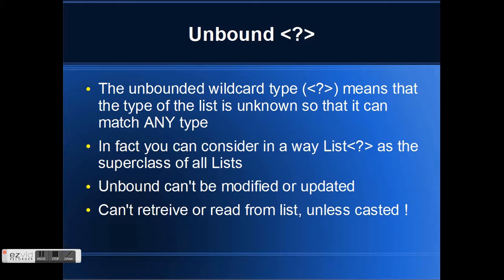In fact, you can consider the list as the superclass if you do this. An unbounded list cannot be modified or updated, and you cannot retrieve or read from the list unless you cast.